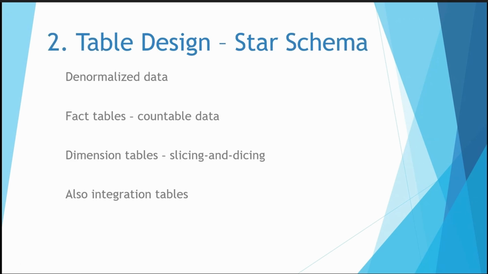And so we've got to think about our table design in our data warehouse. If data warehousing is new to you, the term star schema might be new. The idea is that you have a central fact table that has countable data. And then out from that, in a hub-and-spoke kind of situation, are your dimension tables, the things you are slicing and dicing by.